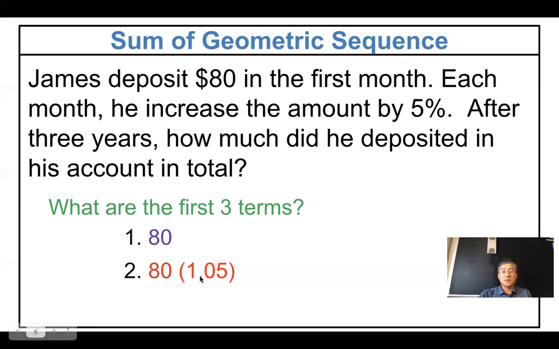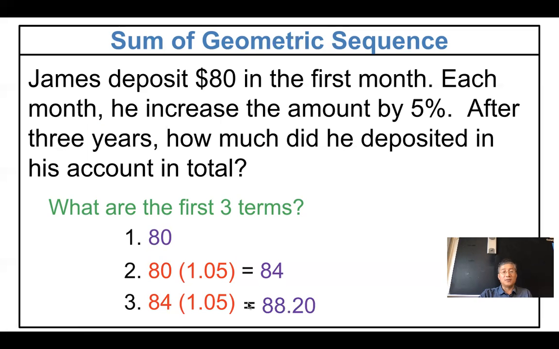So 1 plus the percentage will be the ratio, right? So 1 plus 0.05. You multiply, and that will be the next term. The second term will be 84. The third term, 84 times 1.05, right? Again, you will get 88.20. And for the next term, you multiply 1.05 by 88.20 and get the next one, right?